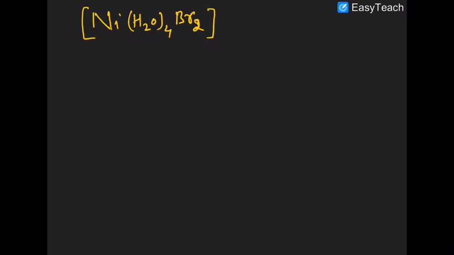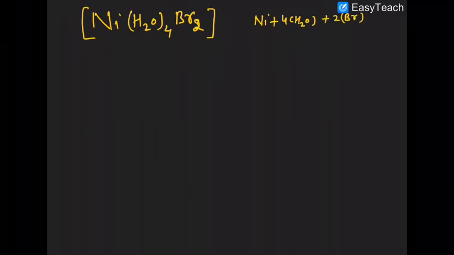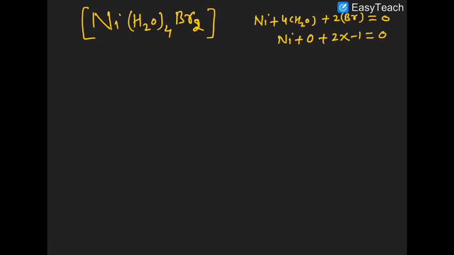Now look at that. It is an overall neutral compound. So first find its oxidation state. Nickel with 4 water molecules and 2 bromide ions is given. It is 0 for water because it is neutral, and bromide is -1.